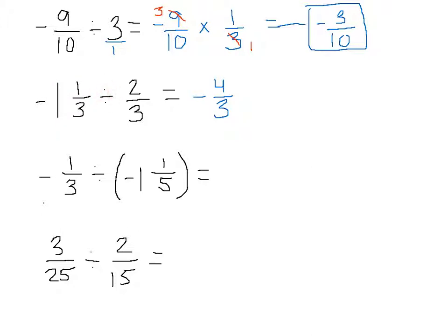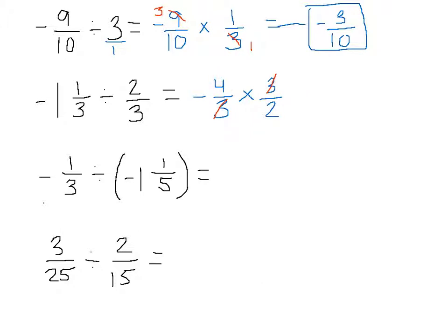I'm going to change my sign to multiplication. And then I'm going to flip my second fraction to be 3 over 2. Now I'm going to go ahead and use my cross-cancellation. Notice how I have a 3 on the bottom and a 3 on the top here. Those can cross out. I also have a 4 on the top and a 2 on the bottom. They can both be divided by 2.